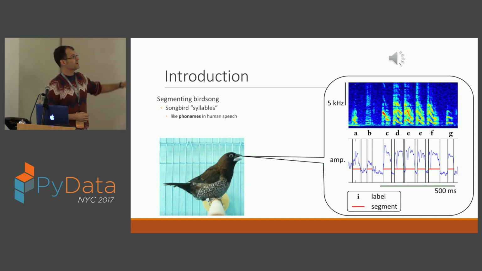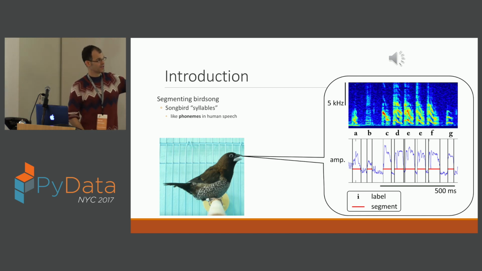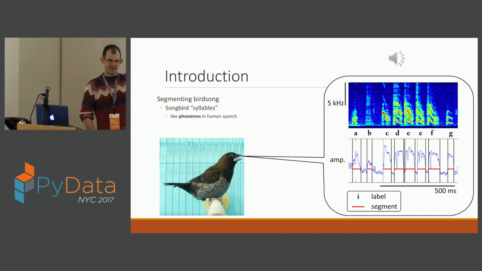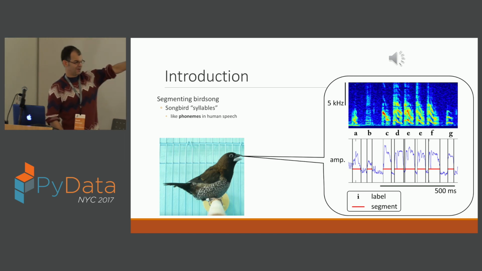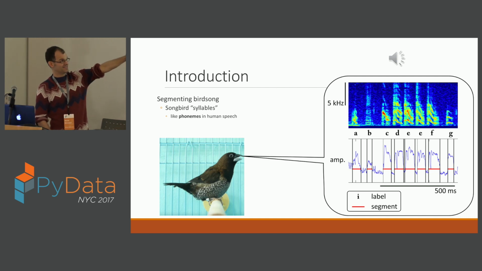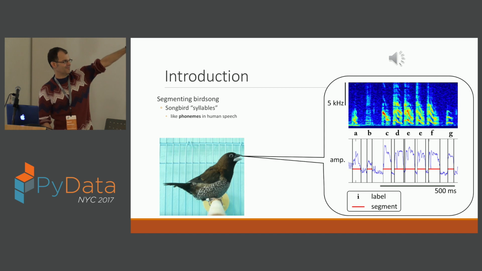And so what's kind of nice about birdsong is that you can segment it into what we call syllables. So I've been talking about spectrograms, but not defining what a spectrogram is. So just to make sure we're all on the same page, on the y-axis of that picture on the top in the lovely jet color scheme, is frequency, and on the x-axis is time, right?